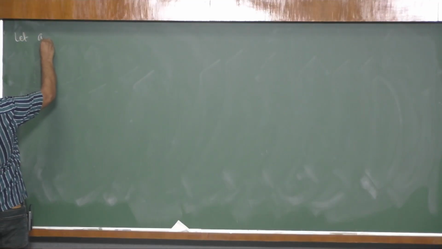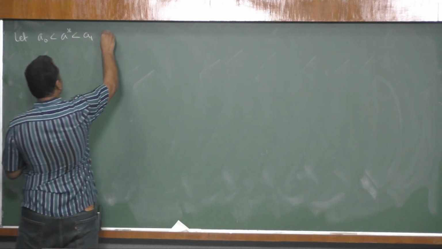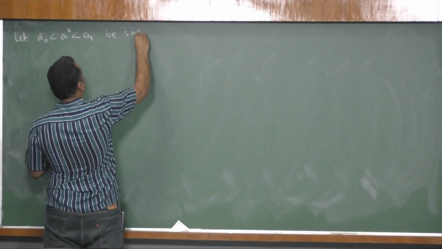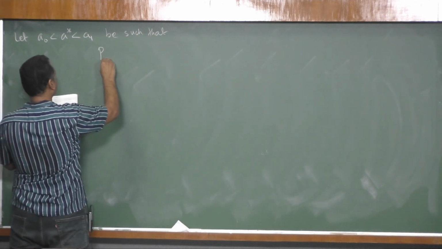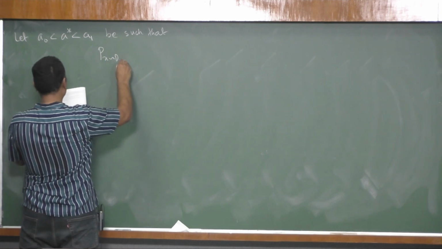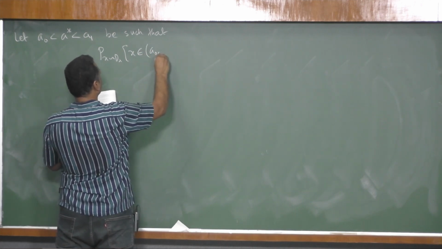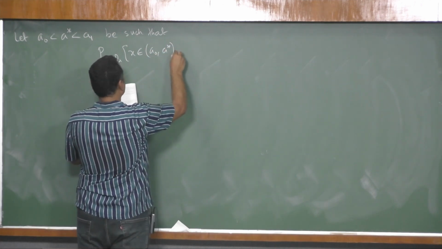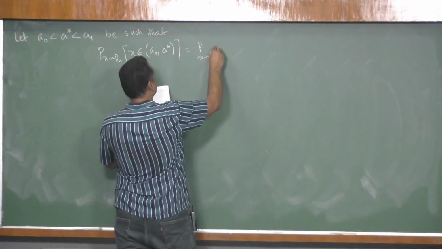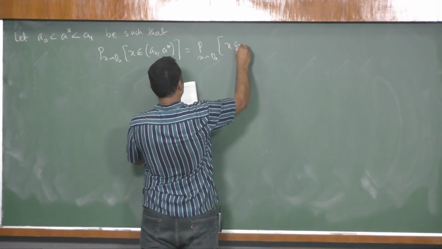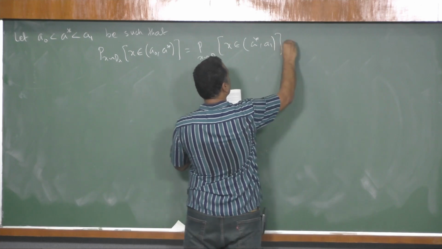let A0 less than A star less than A1 be such that the probability that x that I take from this distribution is x being in [A0, A star] is equal to the probability that x is in [A star, A1], which is equal to epsilon.